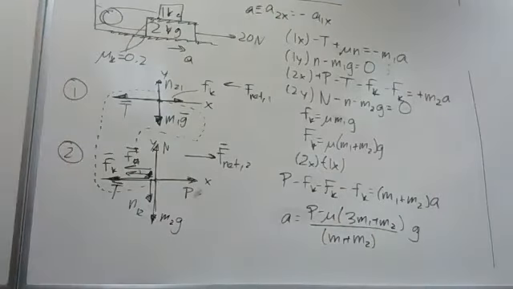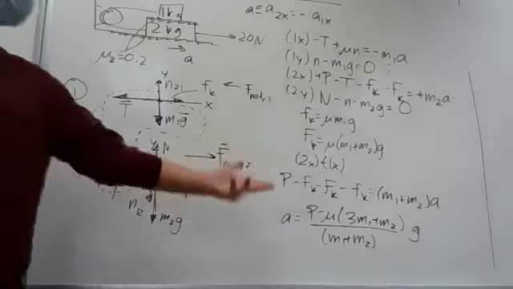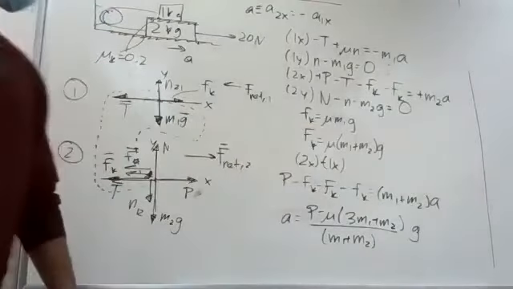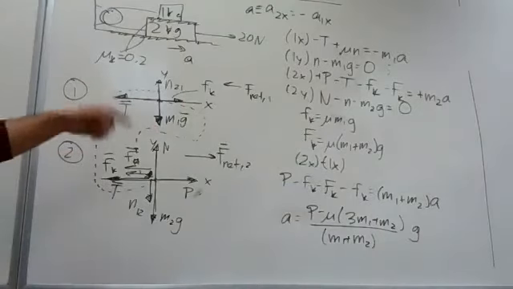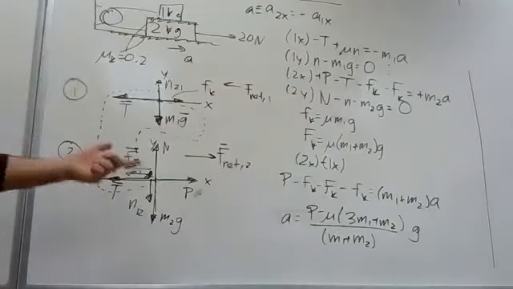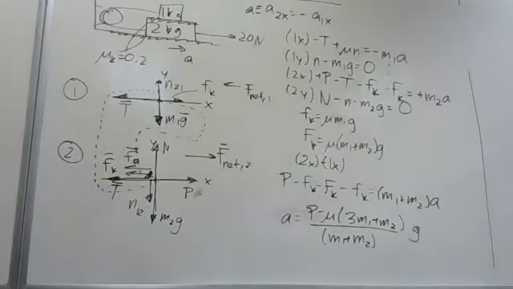Okay, never mind. I think that's right, because there's three factors of mu times M1 G in this difference. You got P minus big F K minus little F K equals M1 plus M2 times A.